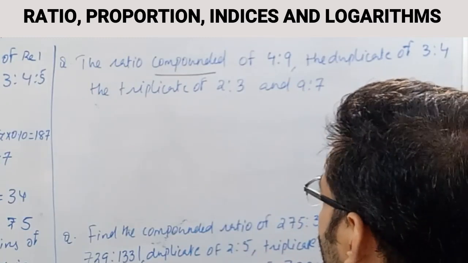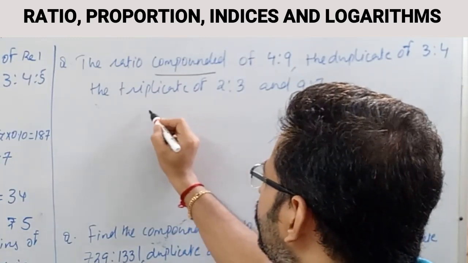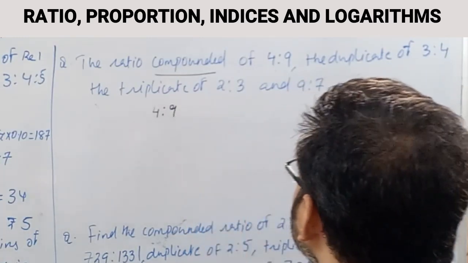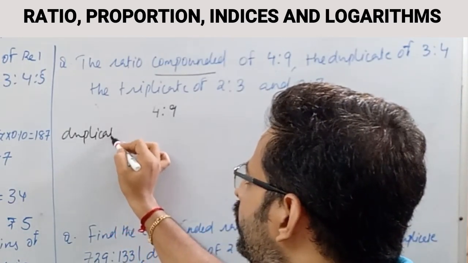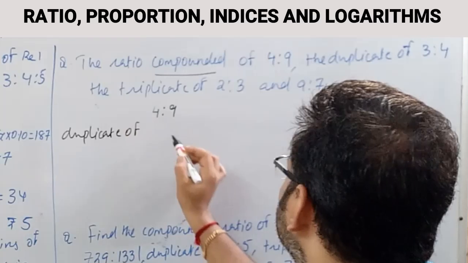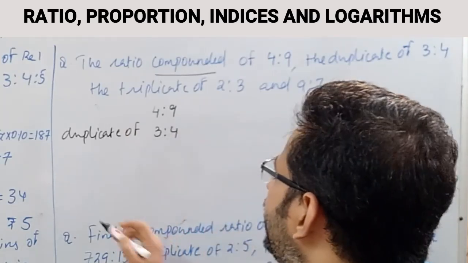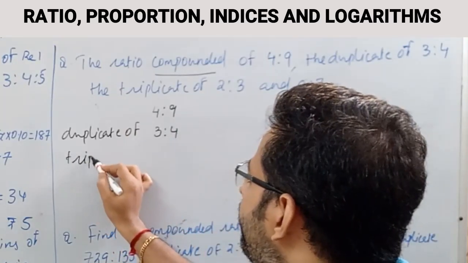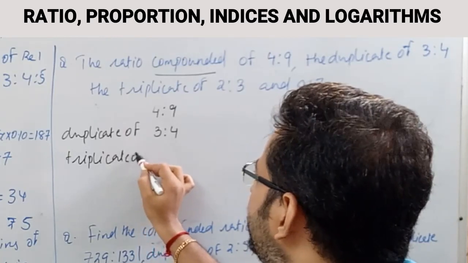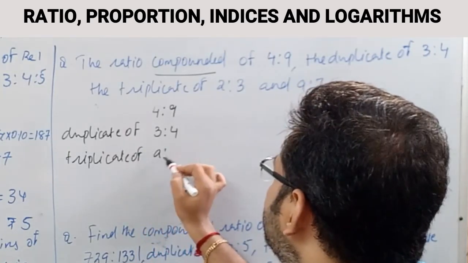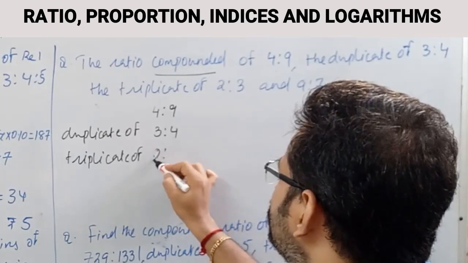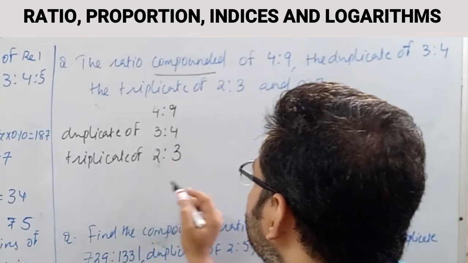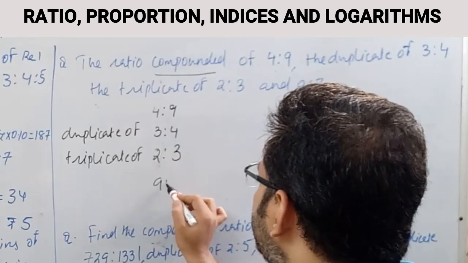Find the compounded ratio of 4:9, then the duplicate of 3:4 and the triplicate of 2:3 and the ratio 9:7.